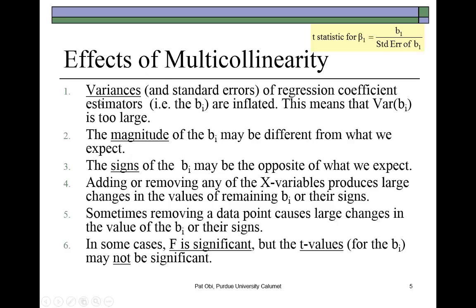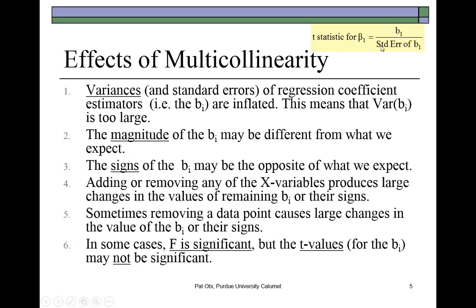First of all, the variances and therefore the standard errors of the regression coefficients, which are b1, b2, b3, are going to be inflated. In other words, they are going to be larger than they're supposed to be. Keep in mind that in calculating the t-statistic for each of the coefficients when you run a regression, that t-statistic is equal to the value of that coefficient divided by the standard error of the coefficient, as you can see here.